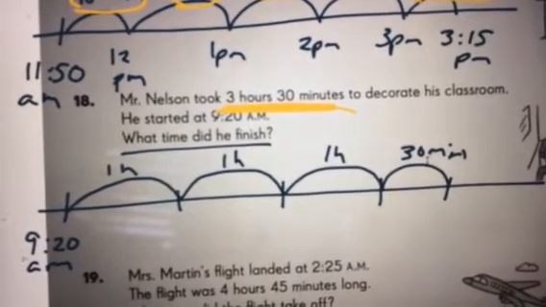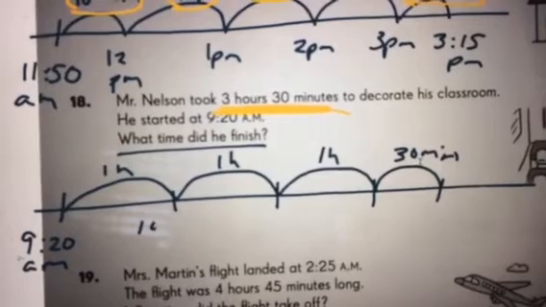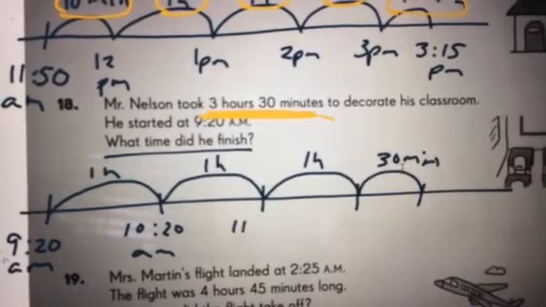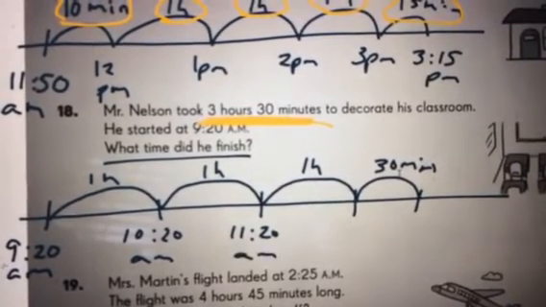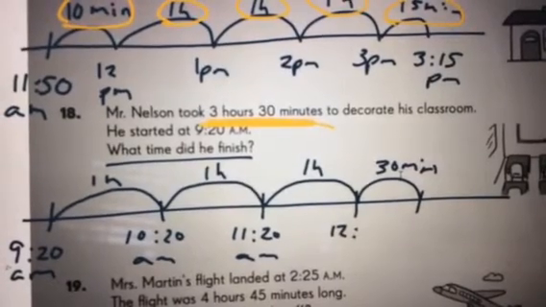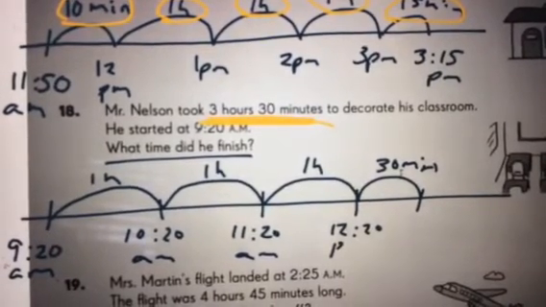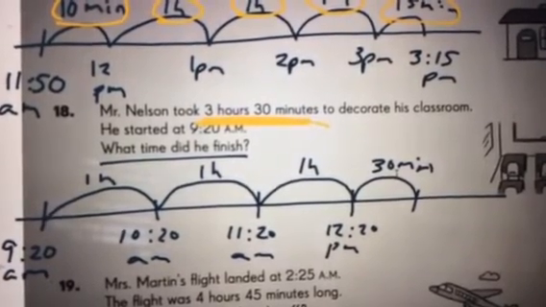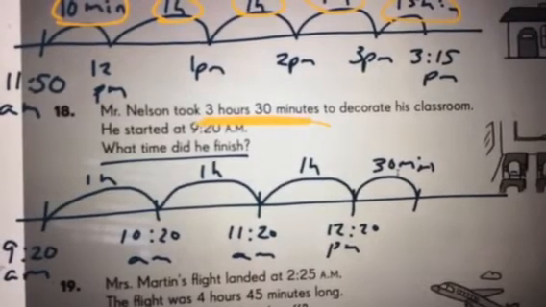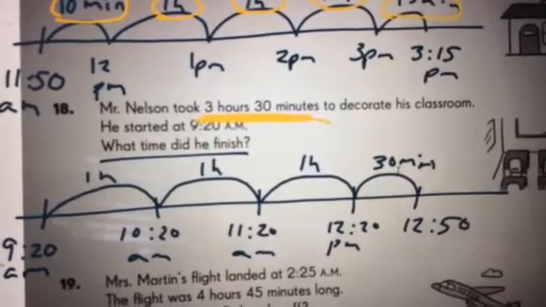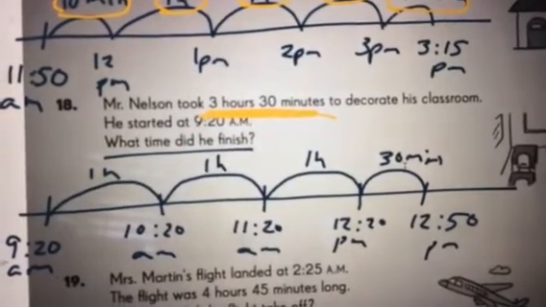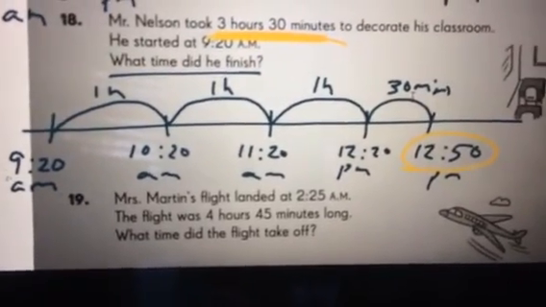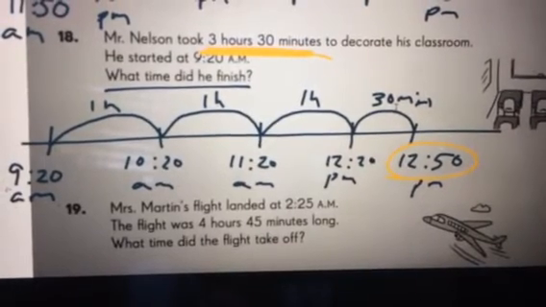So let's label the timeline. 9:20 a.m., 10:20 a.m. That's 1 hour. 10:20 a.m., 11:20 a.m. That's the next hour. 11:20 a.m., 12:20 p.m. And then 12:20 p.m. plus 30 minutes, we know, is 12:50 p.m. So the answer to what time did he finish, you know that he finished at 12:50 p.m. And that is the answer.